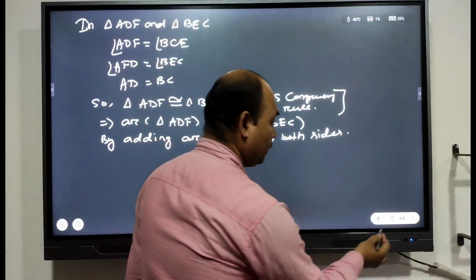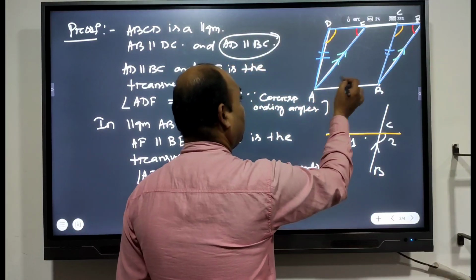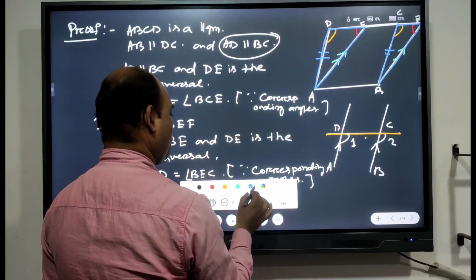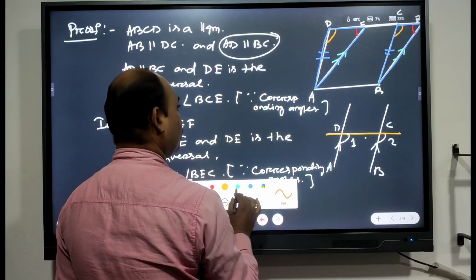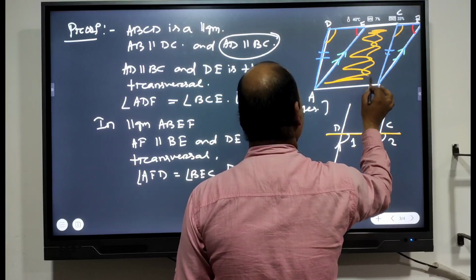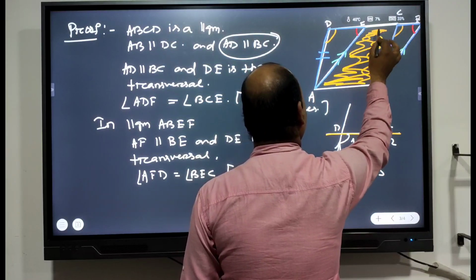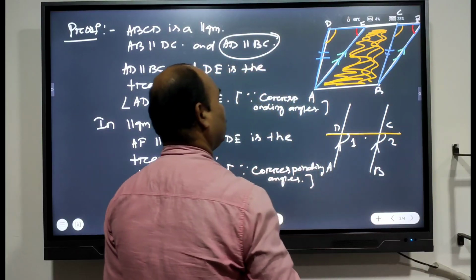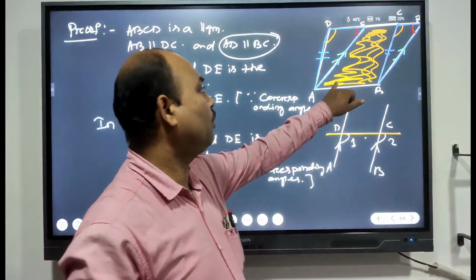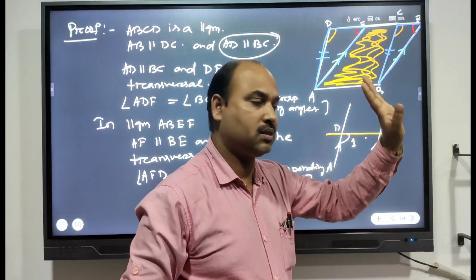Which area are we adding? ABCF, this part. We are adding this area on both sides, the ABCF area with the two triangles.